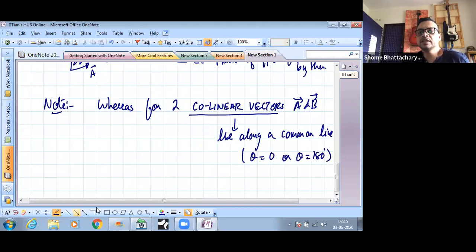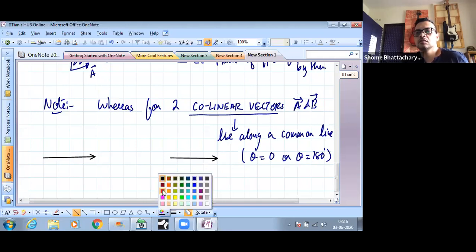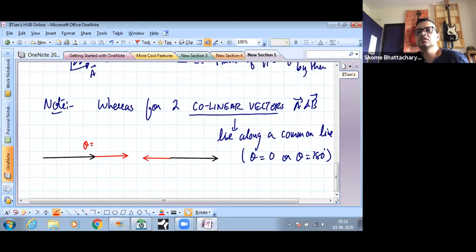In that case, the two vectors we are talking about lie either like this or like this. That is, the angle between them is either 0 degrees or 180 degrees.